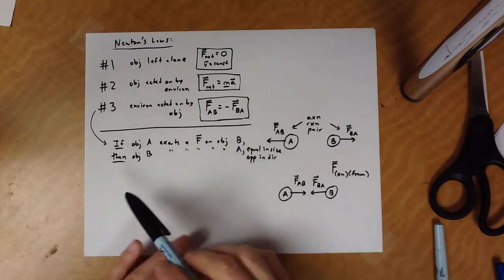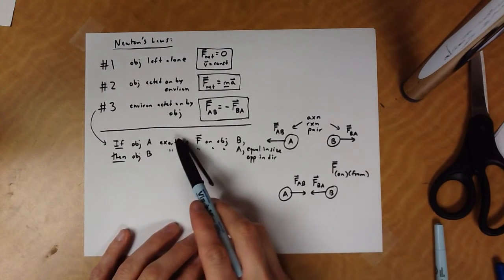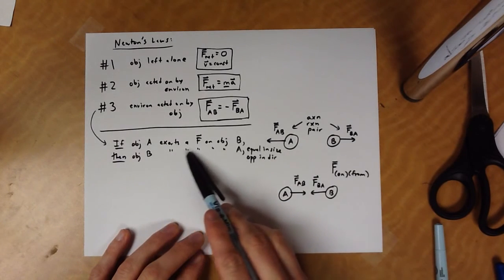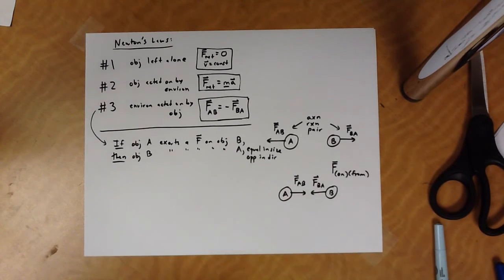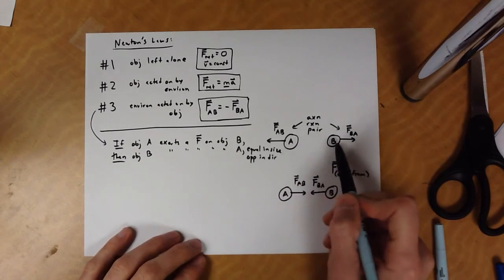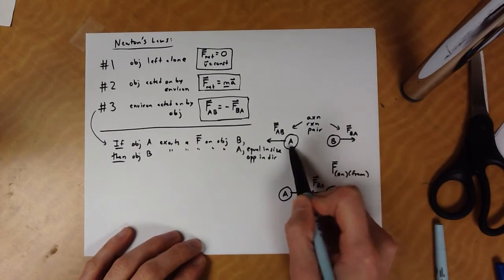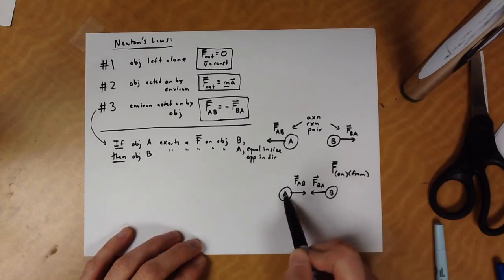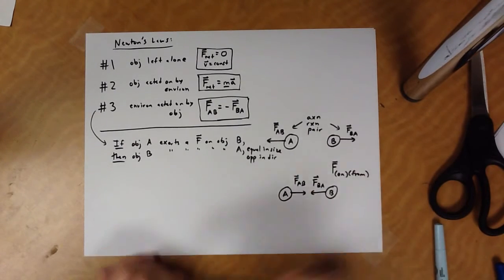So the law does not read, if object A exerts a force on object A, then A exerts an equal and opposite force back on A. That doesn't make sense. If that were the case, then nothing could ever feel a net force. So what actually happens here is that each object gets one force, and each object is perfectly free to accelerate in response.